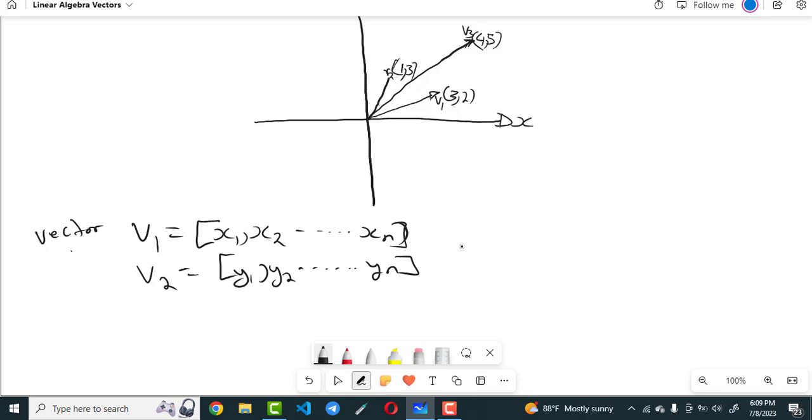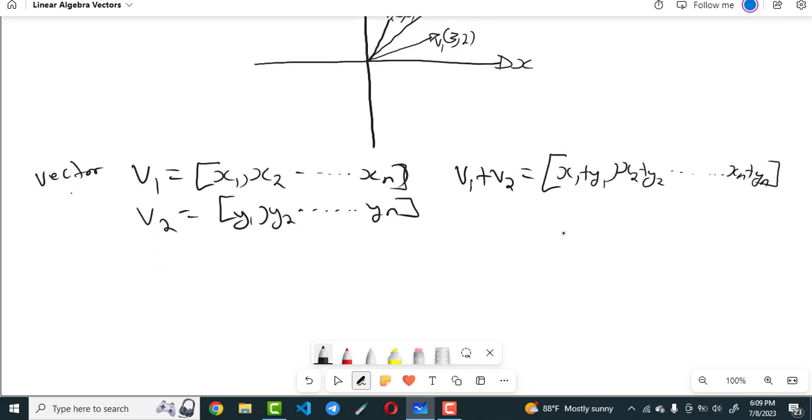And if we are to add these 2 vectors, we are saying vector 1 plus vector 2 is equal to x1 plus y1, x2 plus y2, and this goes on and on up to xn plus yn. And we can do the same for subtraction of vectors.